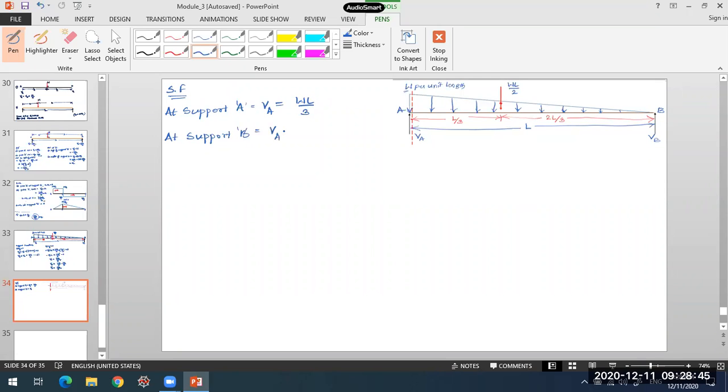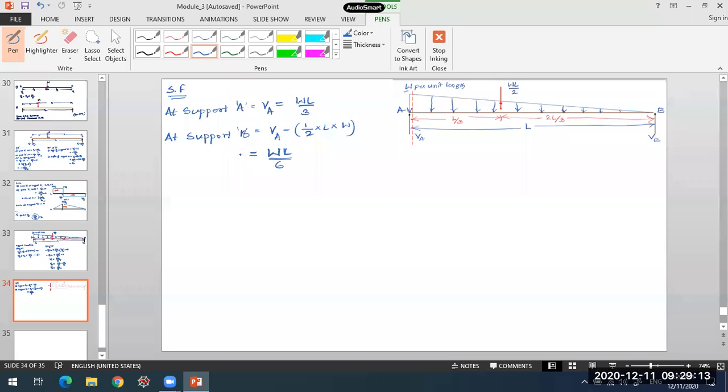VA minus this total load, all this uniformly varying load, which will be equal to half into base L into W, the intensity, height of the triangle. So that will come out to W into L by 6 over here. If you calculate that, you'll see that it will be equal to W into L by 6. This is the shear force at B.